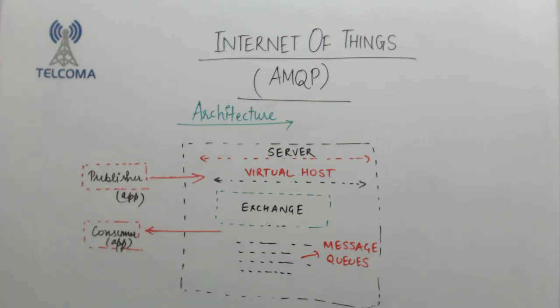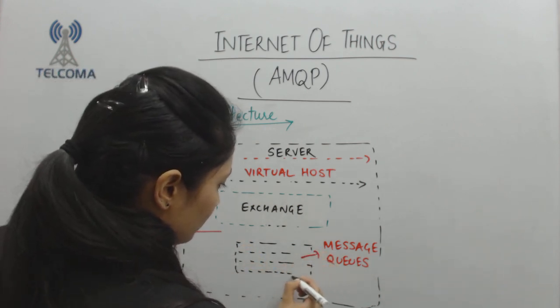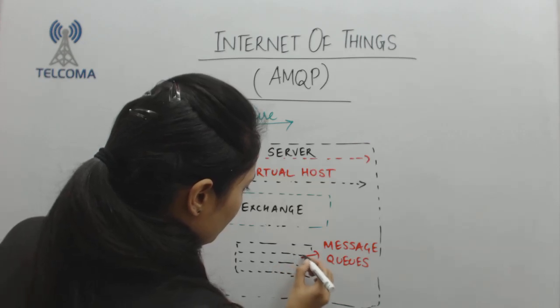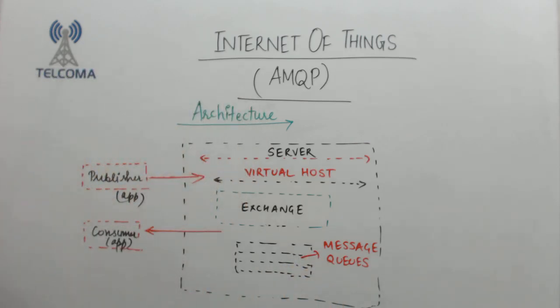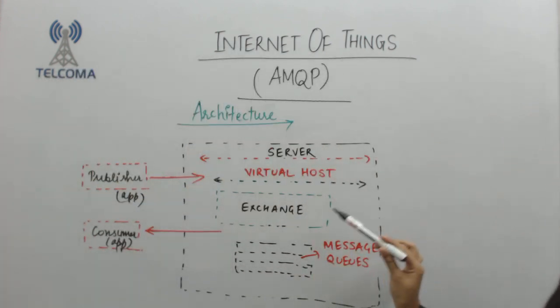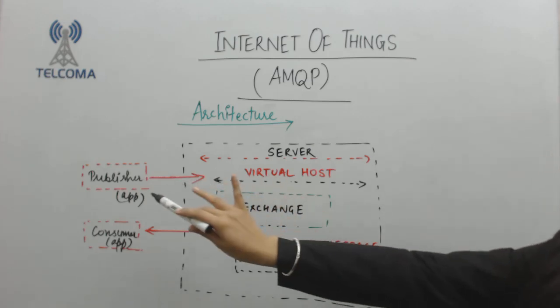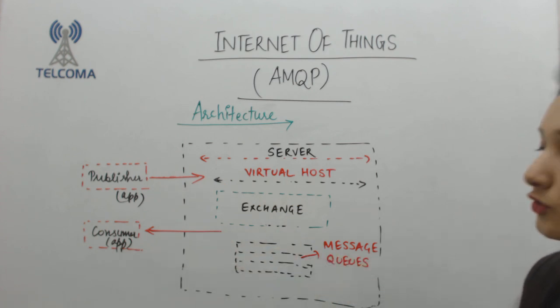So this is the architecture for your AMQP protocol. So I have a server. After my server, I have a virtual host, then exchange, and then the queues of the messages, and then the publisher application and the consumer application.